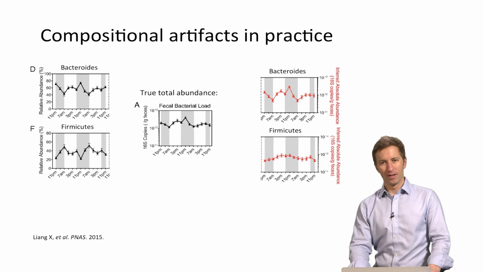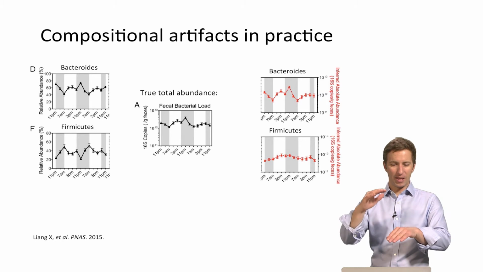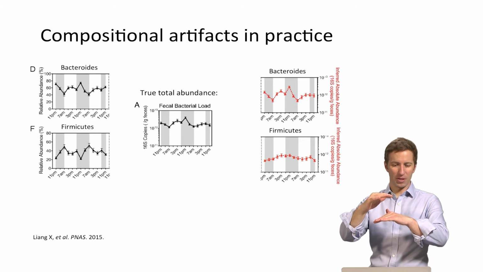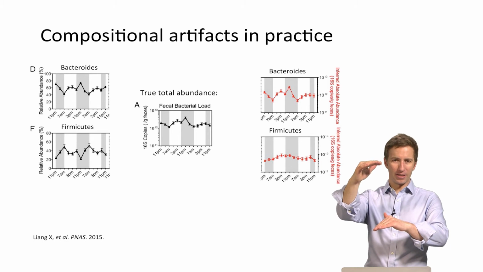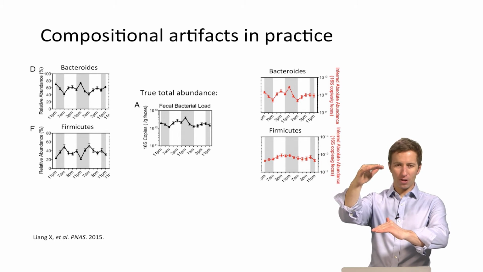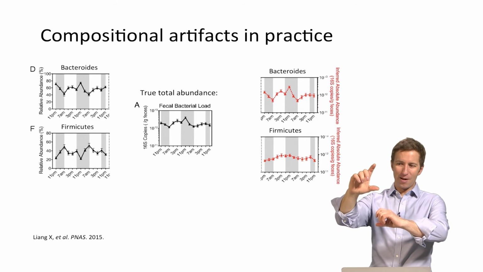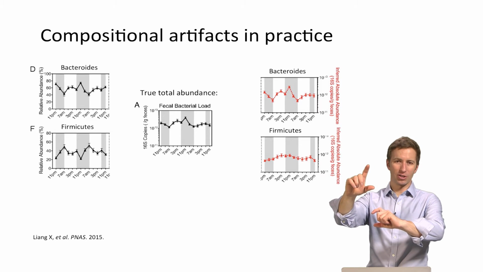So why did this happen? Bacteroides is more dominant. Let's say Bacteroides is 5 times as abundant as Firmicutes. If Bacteroides doubles in abundance, and Firmicutes, let's say hypothetically, also doubles in abundance, the amount of increase in Bacteroides was much larger because it started with a large amount.